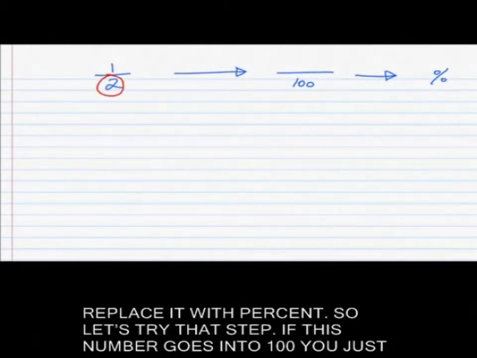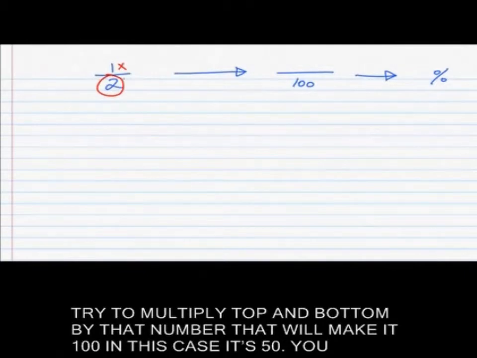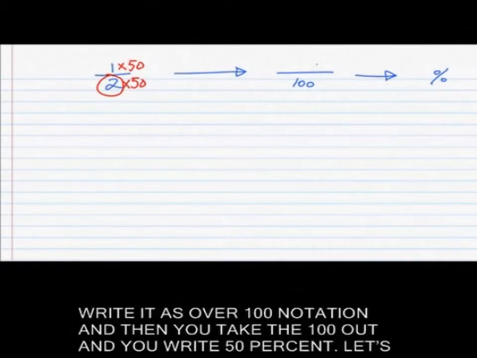If this number goes into 100, you just try to multiply top and bottom by that number. That will make it 100. In this case, it's 50. You write it as over 100 notation. And then you take the 100 out and you write 50%.